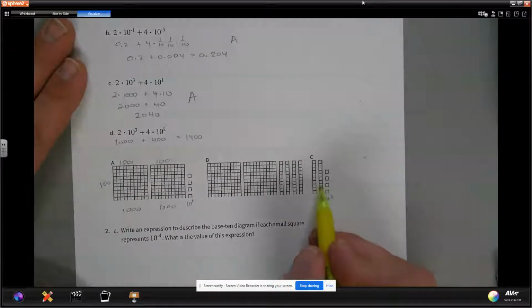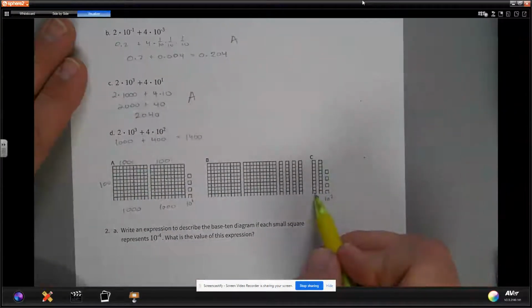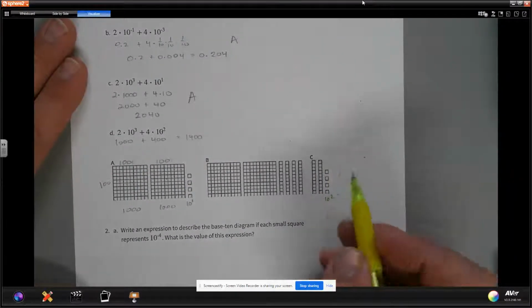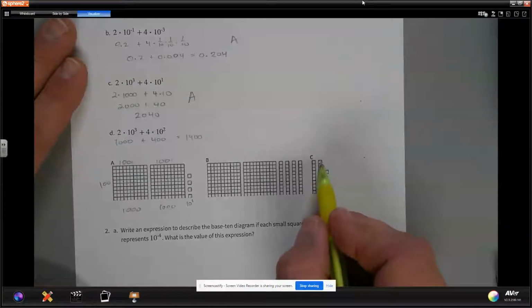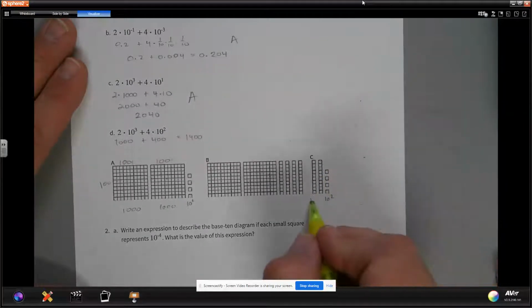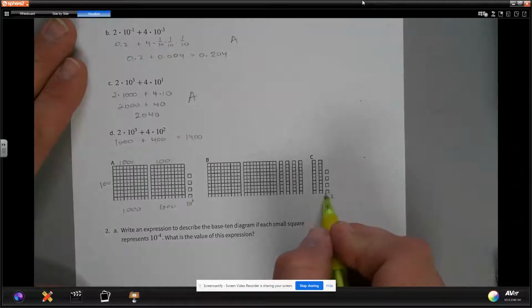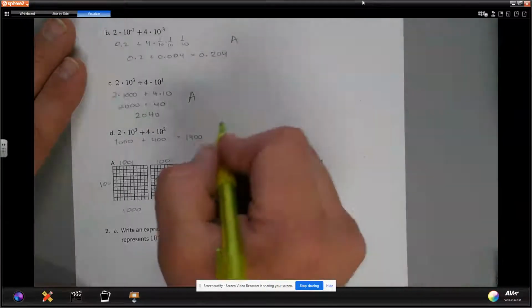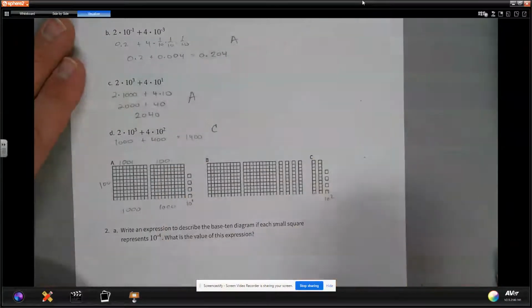When I look at this piece, if I think about these being 100s, there's 400 here, and there are another hundreds right in here, so this would be 1,000 and 1,000. So we could look at these pieces as 1,400. So that one could be C, but it could also be B.